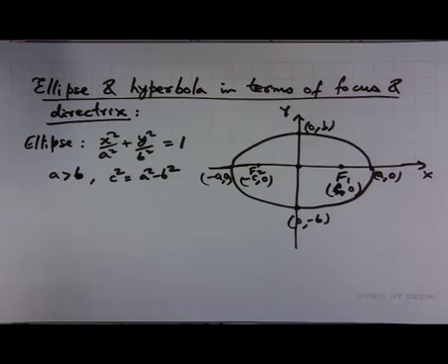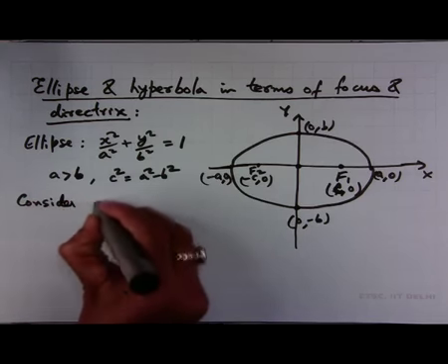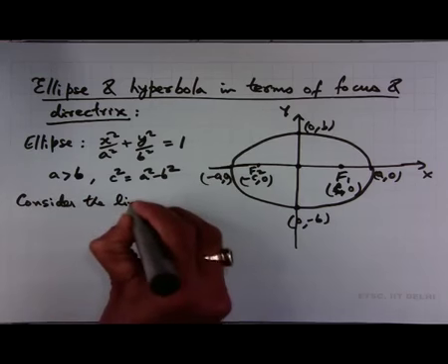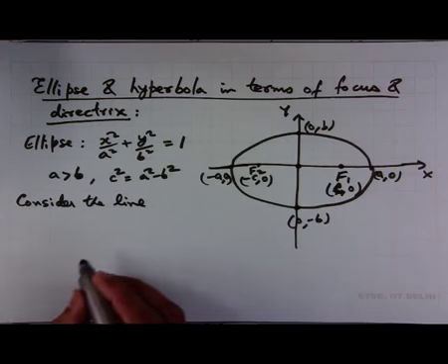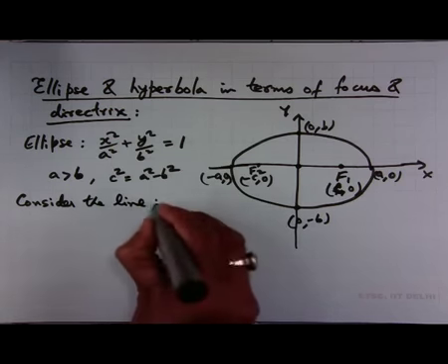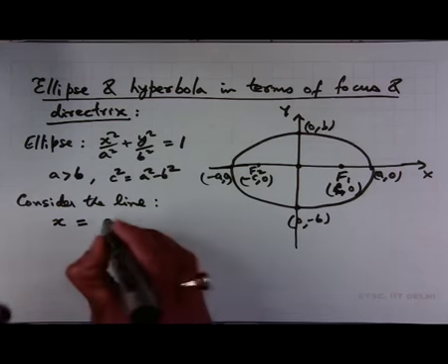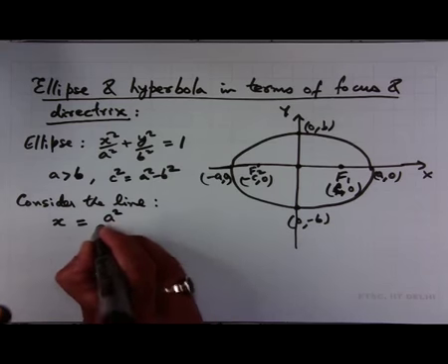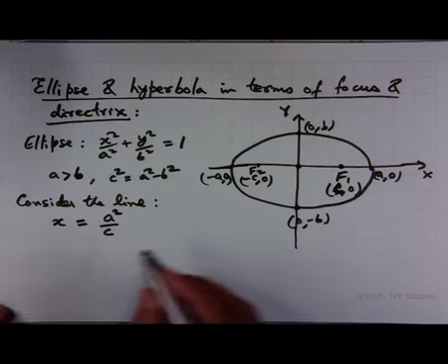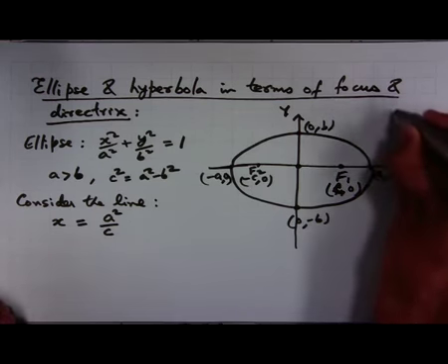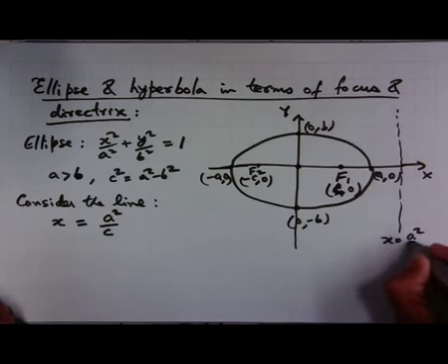Now, let us look at this line. So, consider the line x equal to a square by c. So, where is this line? This is some line x equal to a square by c.